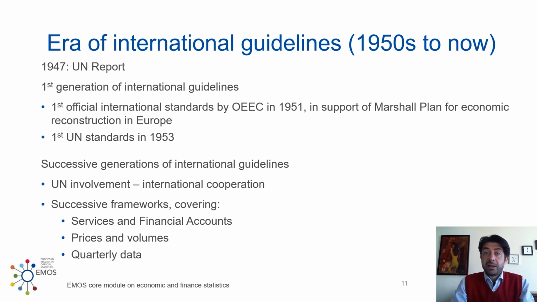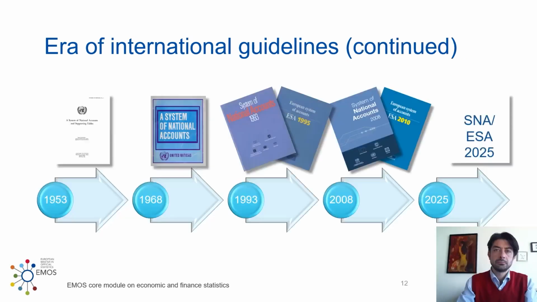And the demand came to have more frequent data than annual data, which were considered structural and not sufficiently timely for economic policy, and so the development came of quarterly national accounts.